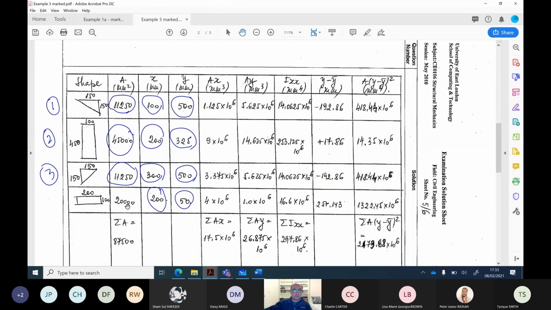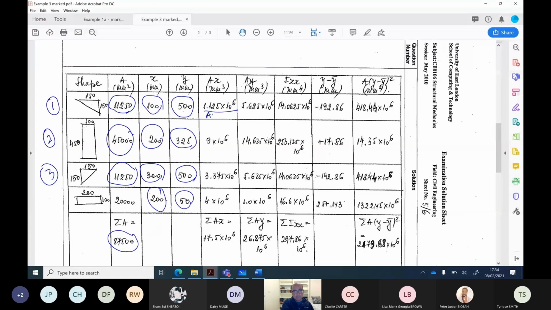We have to find the summation of areas. Let's sum them up. I'm getting 8750, the summation of all areas, which is here. And then we have to find A1 X1, A1 Y1, A2 X2, A2 Y2, and these are here.